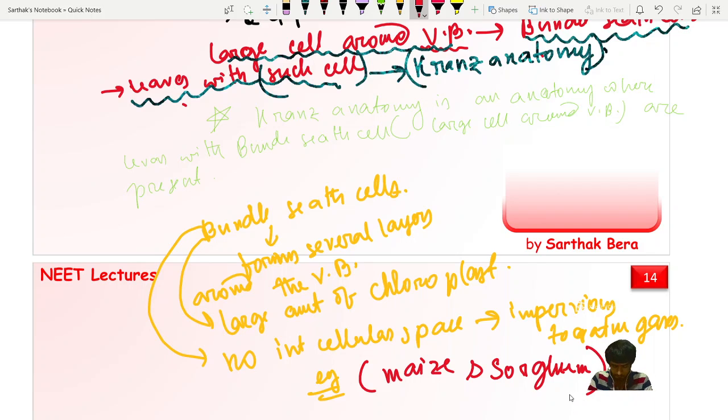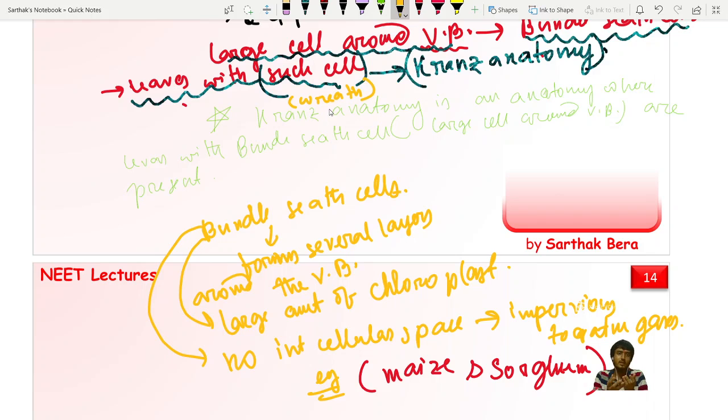Have I forgotten something to tell you? Let me check. Bundle sheath cells form several layers around the vascular bundle. Kranz means wreath, a ring-like structure, something round.